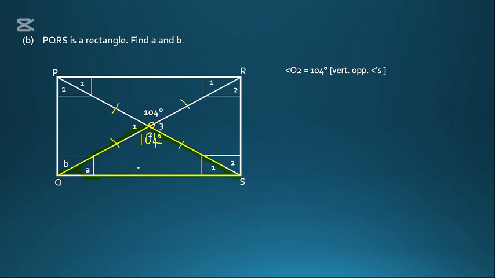So in the next one we will say that QO is equal to OS. Why? It's because the diagonals of a rectangle bisect and they are equal. Right, bisect and they are equal.